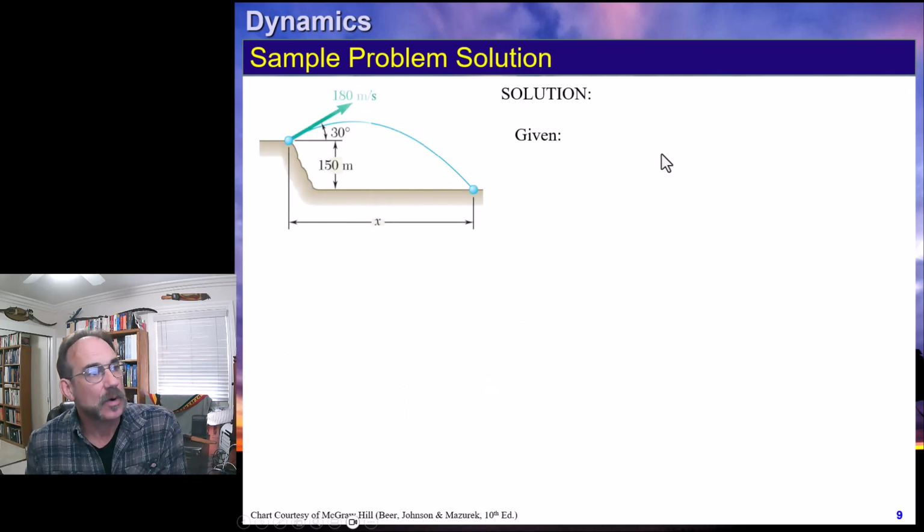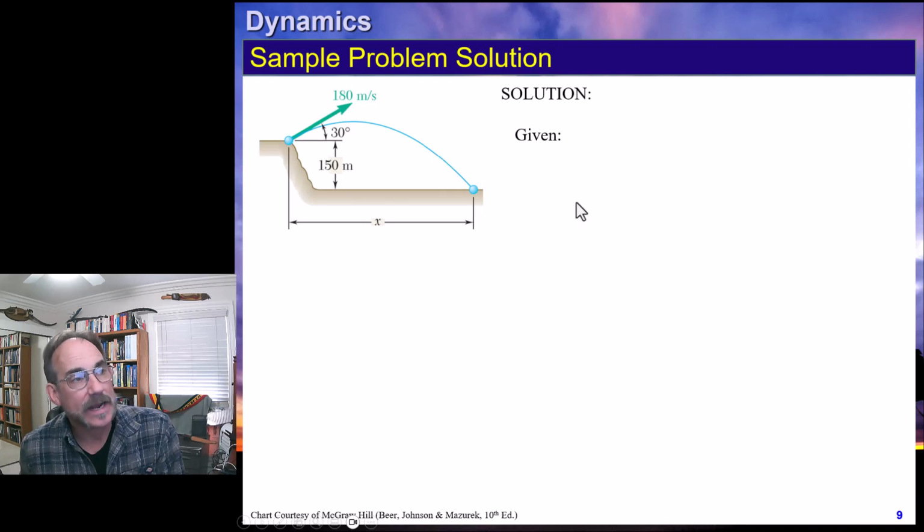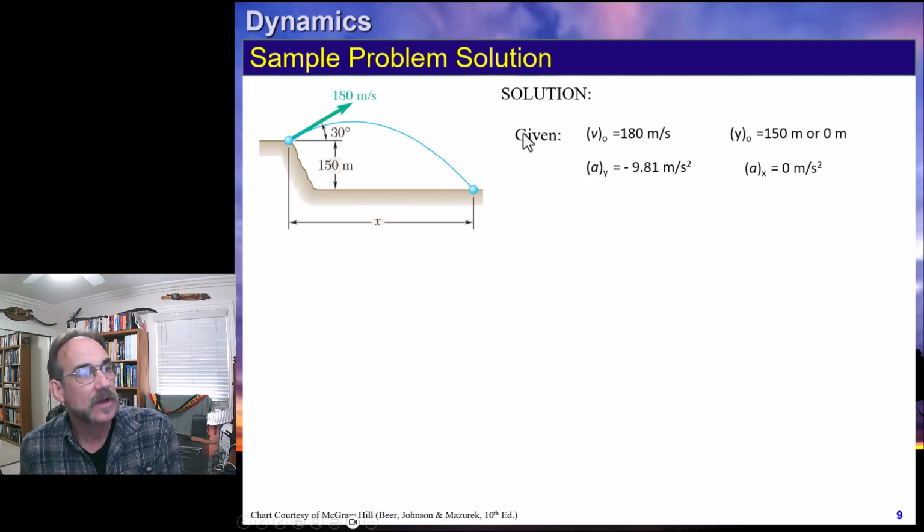All right, so once again, it is quite helpful to sketch this. We can see our initial velocity is 180 meters per second. Our initial position, we can either use 150 if our coordinate system is down here, or 0 if our coordinate system starts here. We know our acceleration, written more explicitly, is negative 9.81 meters per second squared.